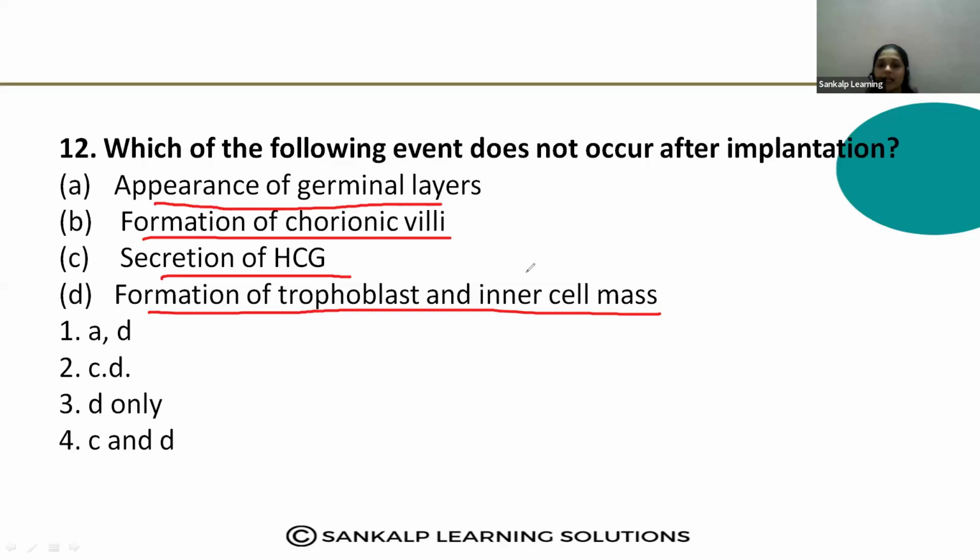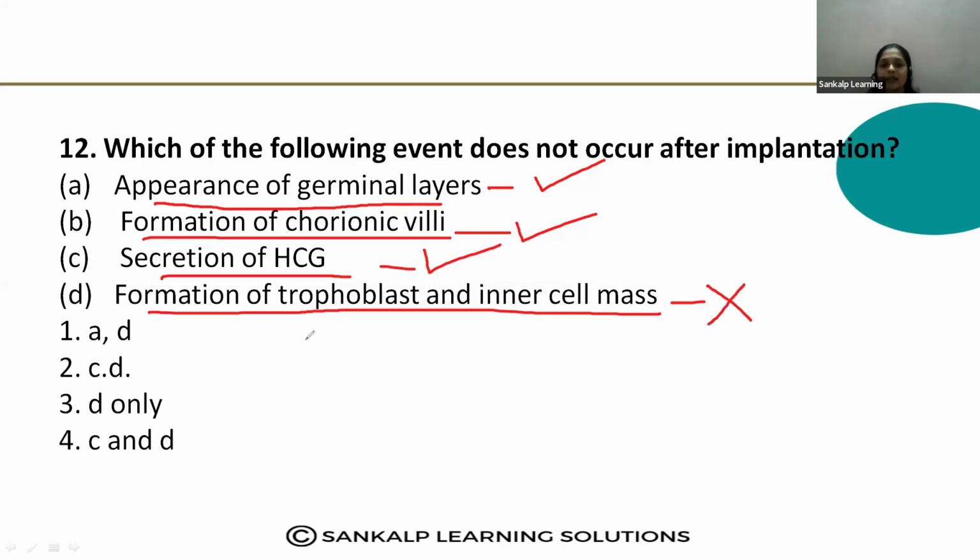Here, after the implantation, appearance of the germinal layers, yes, that occurs. Ectoderm, endoderm and mesoderm appear after the implantation, and chorionic villi are also formed. HCG is also released after the implantation. But option D, formation of the trophoblast and inner cell mass, does not take place after the implantation.